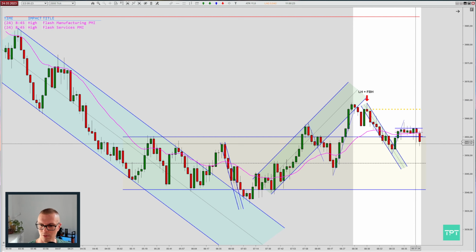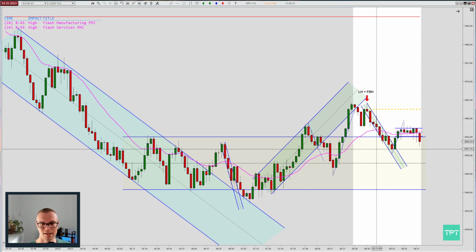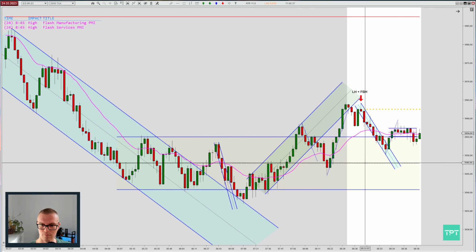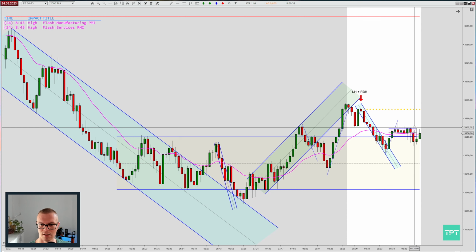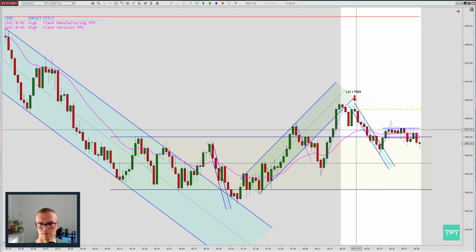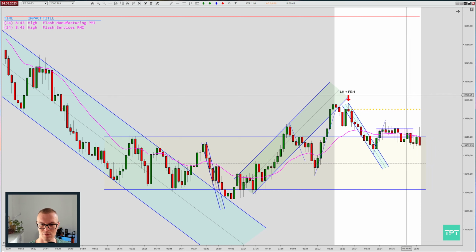So right now we are in this range here, and we had this channel working lower and the first break of it. So we would like to see a retest of the lows of this shorter term downtrend channel here. And prices still are staying within this range and going lower from here, bouncing.